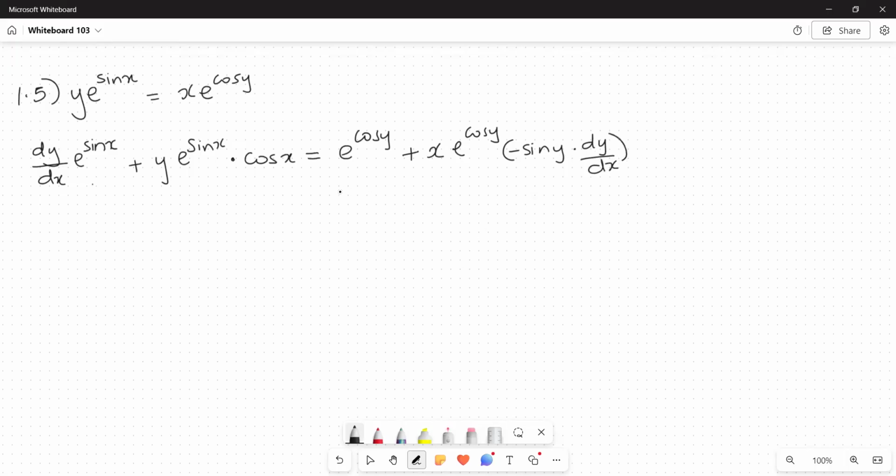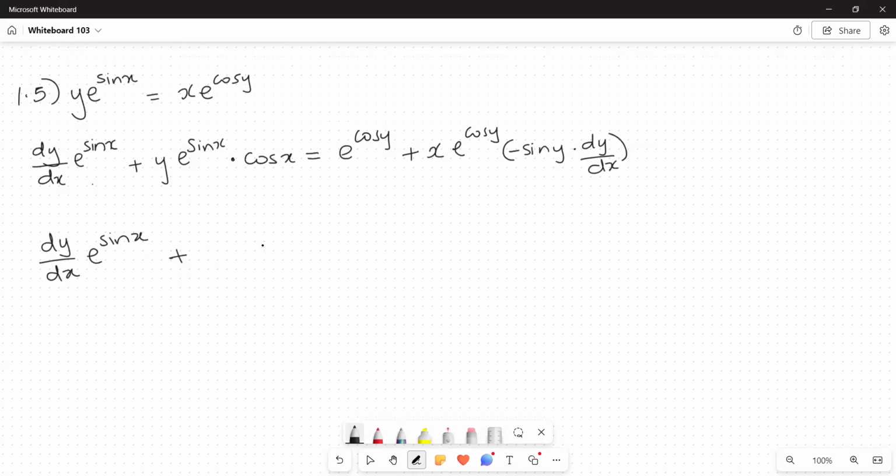Okay, then we proceed as we normally do. The terms with dy/dx come over to this side, those without over to that side. So this one has dy/dx, so it'll remain on this side. Then this one, which is negative, when it comes over to this side, will become positive.